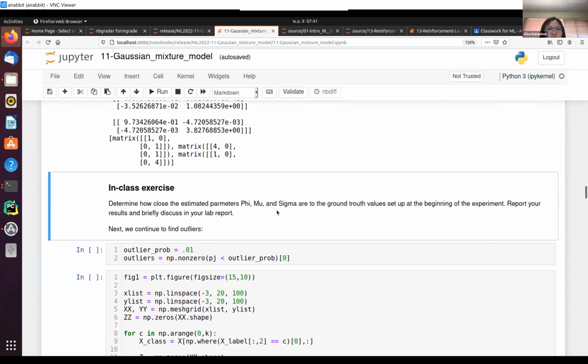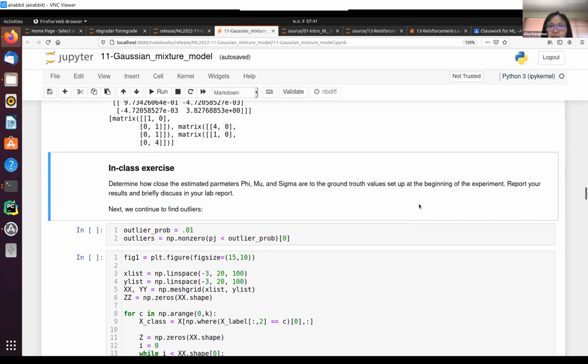For the in-class exercise, we try to determine how close the estimated parameters phi, mu, and sigma are to the ground truth values at the beginning of the experiment or not.